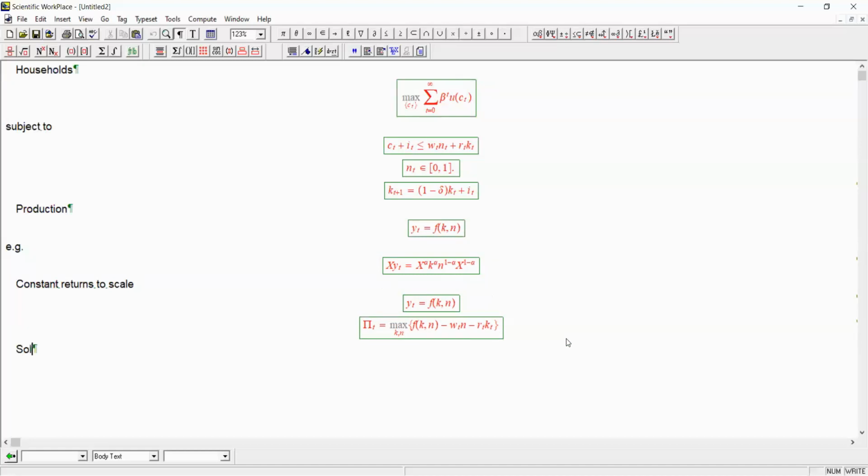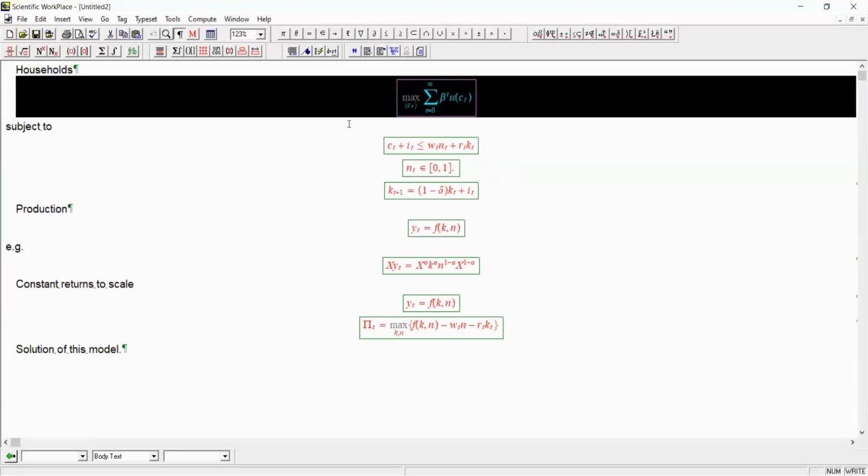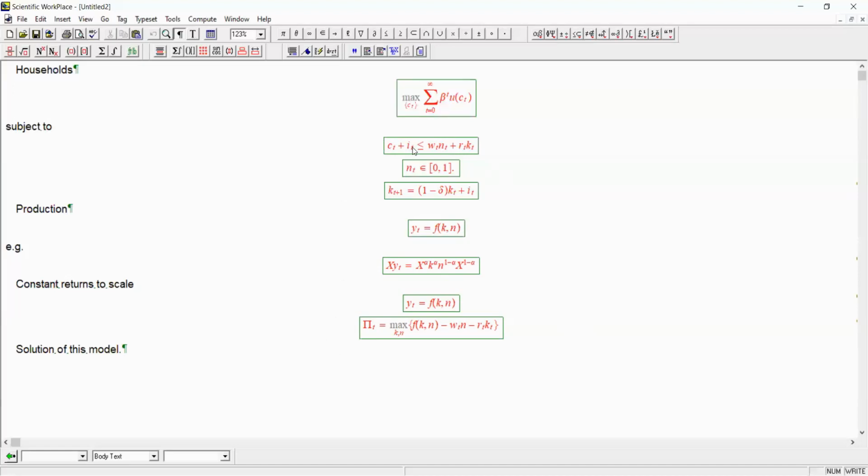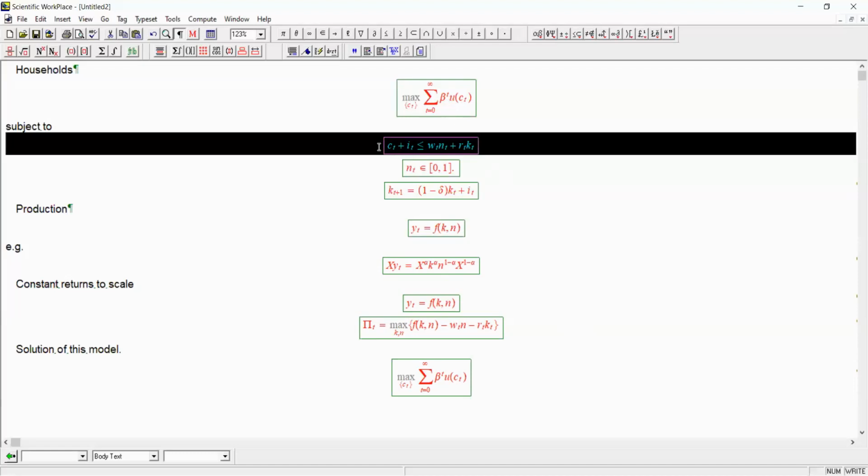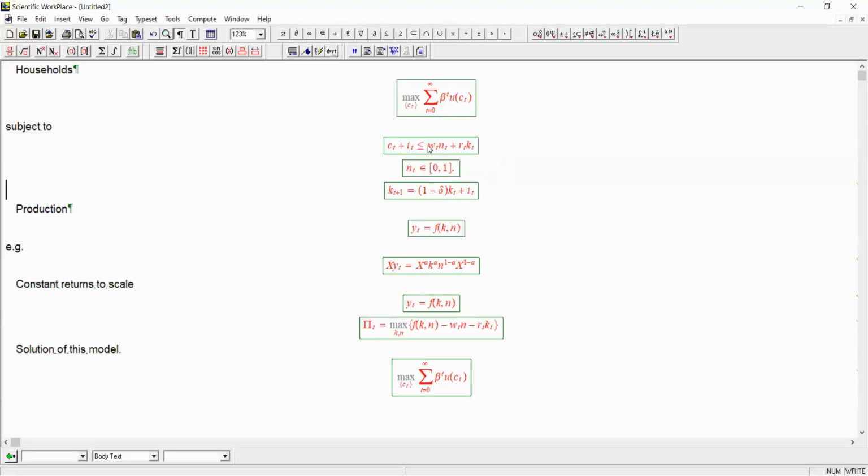Now let's next go to the solution. In the solution to this model, the household's problem can be simplified because we know that because of local non-satiation of the utility function, this is going to hold with equality. And that means that we can simplify a bunch of stuff here and say that what they're maximizing is this.